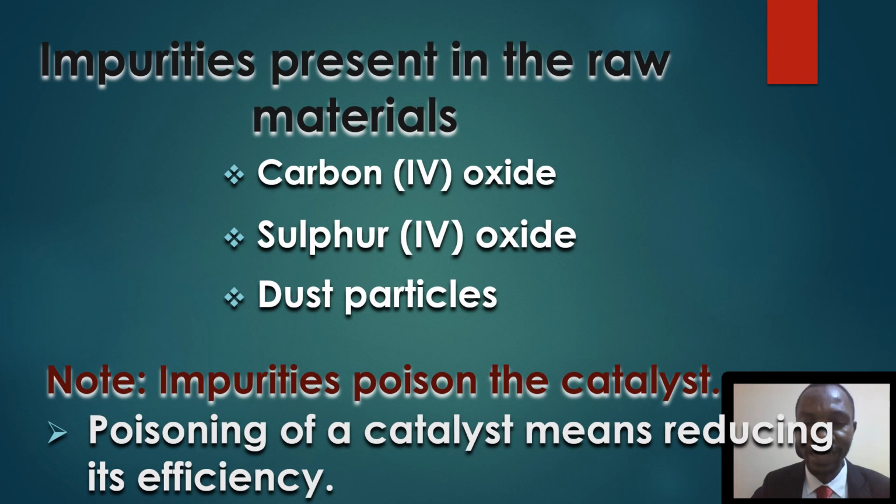Once we have impurities like dust particles, they get deposited on the surface of the catalyst, and then it cannot work efficiently, and that is the reason we have to remove them. That is what we call the poisoning of the catalyst.